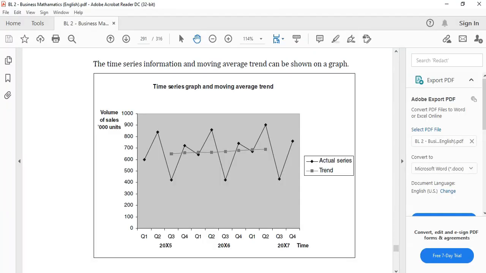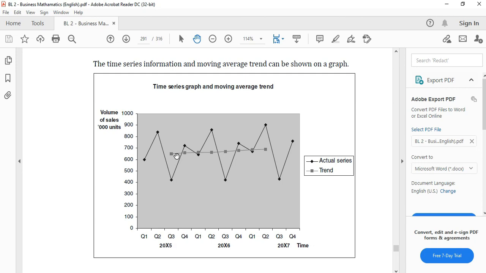And then they have plotted the trend, which is represented by the square marks. Now if you see the actual variation, it is very high, isn't it? See how it's going up and down, very high compared to the trend that is very near to a straight line.